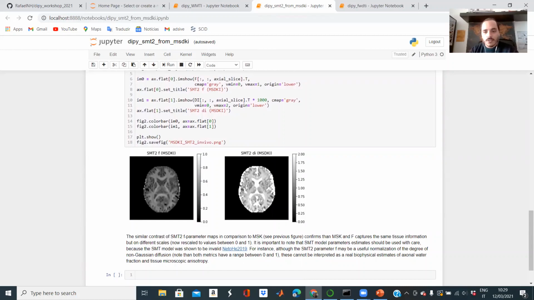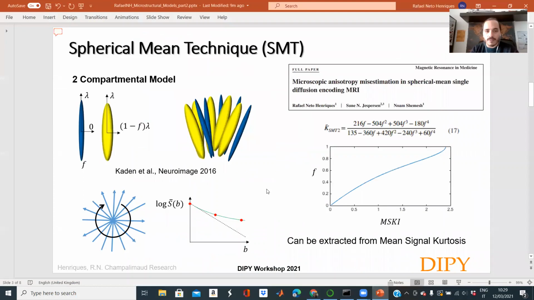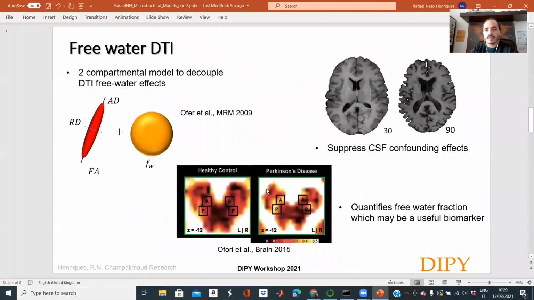Okay. So the last model that I wanted to present here is the free water DTI. This is a very simple expansion of the DTI model in which you basically incorporate a free water term on the diffusion together with the diffusion tensor.